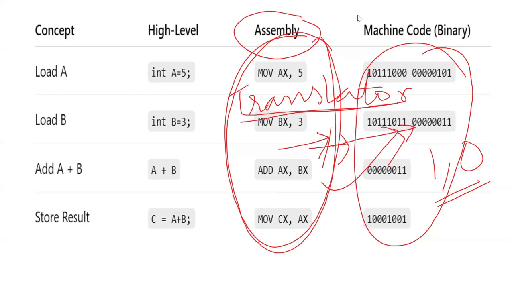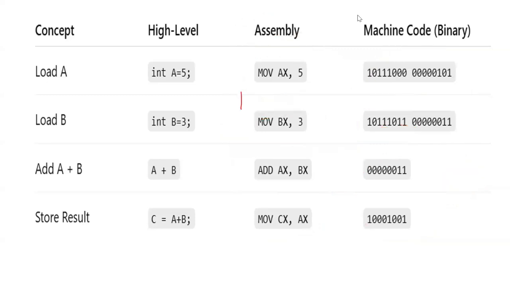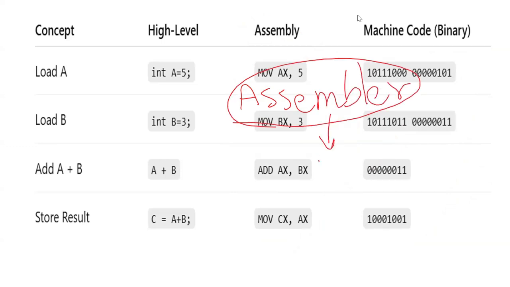So what is that translator? The translator is nothing but the assembler. The assembler is nothing but a program, a software which will convert the assembly level language into the machine code. So that is the purpose of your assembler.